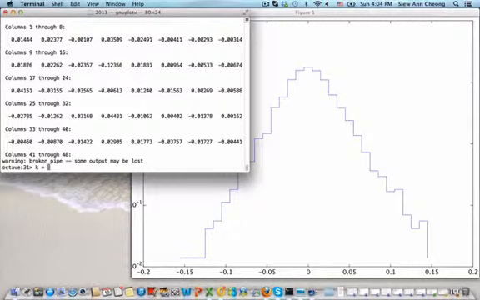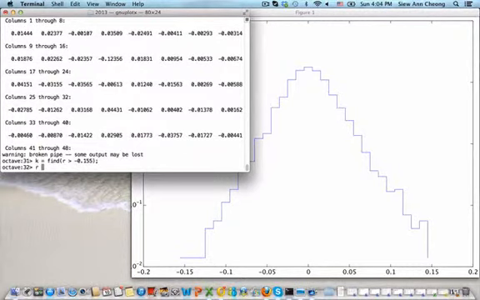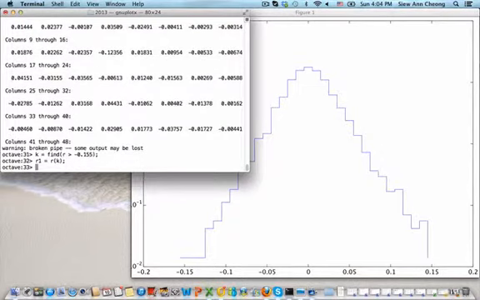So let's say k equals find r greater than minus 0.155. That is the lower bin edge of the lowest bin, and then we say r1 equals rk. This will give us only returns that are above minus 0.155.